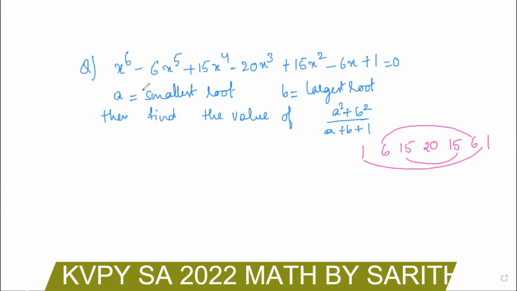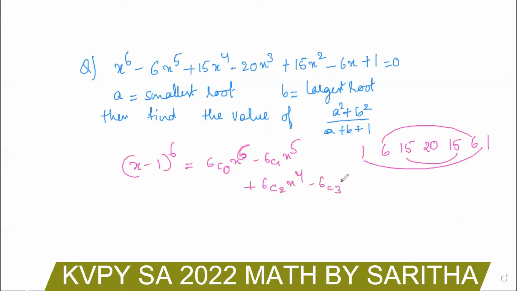So the whole of this expansion with alternate plus minus signs can be written as (x - 1)^6. If we remember the binomial expansion, it starts from x^6 minus 6c1 x^5, plus 6c2 x^4 minus 6c3 x^3 plus 6c4 x^2 minus 6c5 x plus 6c6.